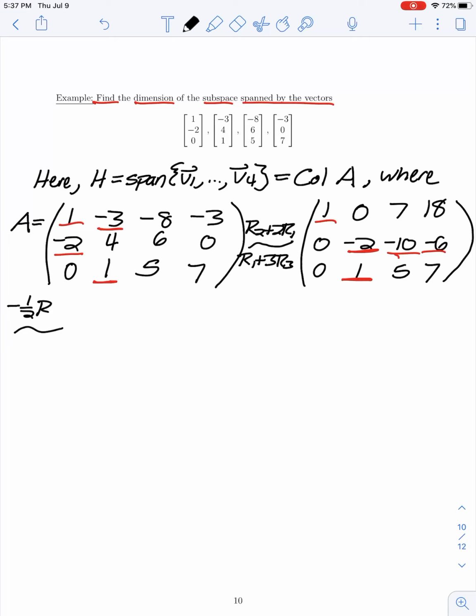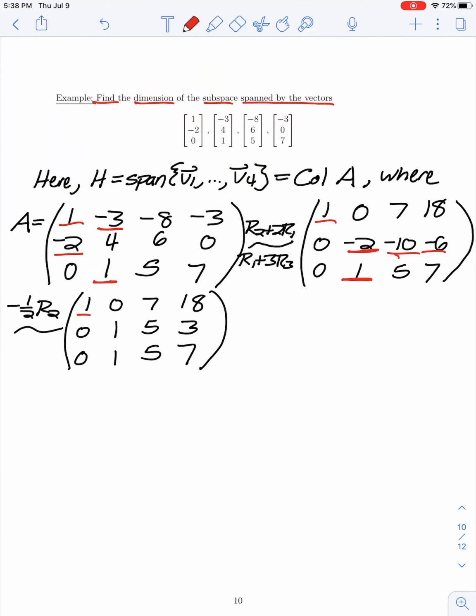Let me take negative 1/2 of my second row. So my first row is 1, 0, 7, 18. My second row becomes 0, 1, 5, 3. And my last row is 0, 1, 5, 7.